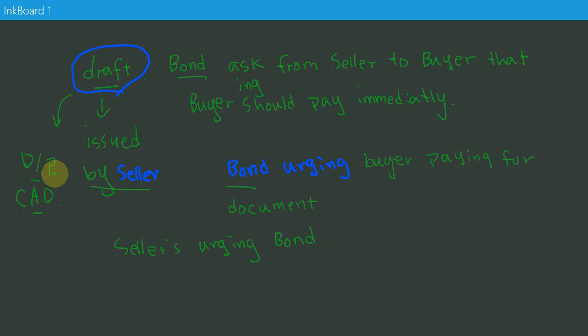This is the big difference between the two: whether a draft is issued or used or not. So DA and DP. I have already explained CAD, so you can refer to CAD to understand DP.